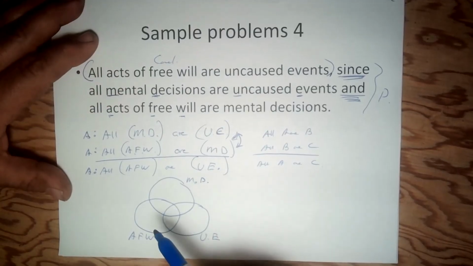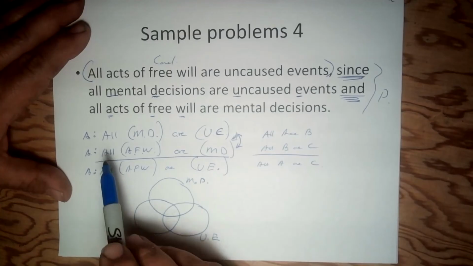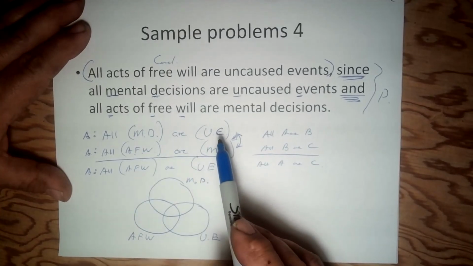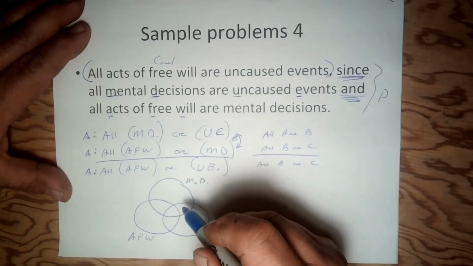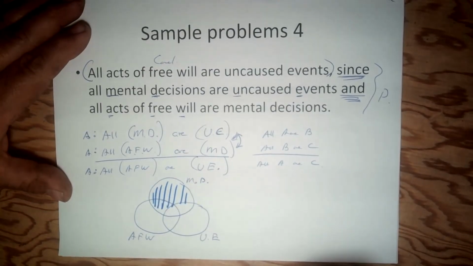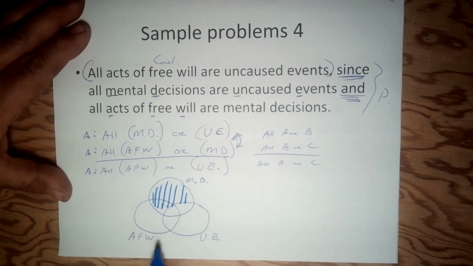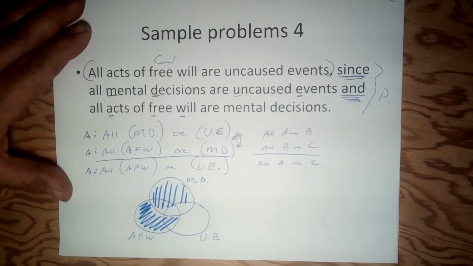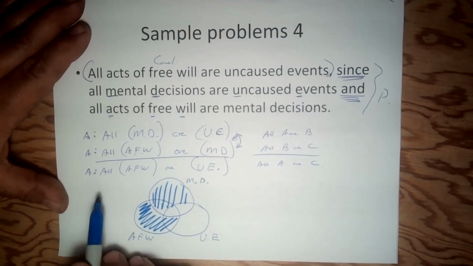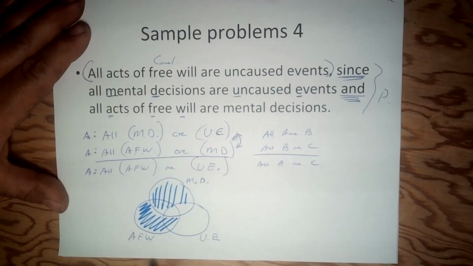We are doing all mental decisions are uncaused events. So we shade that out. And then all acts of free will are mental decisions. So we shade that out. And then we ask ourselves, does this show us that all acts of free will are uncaused events?